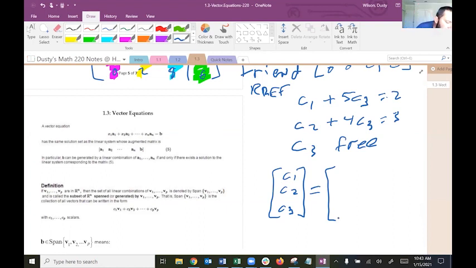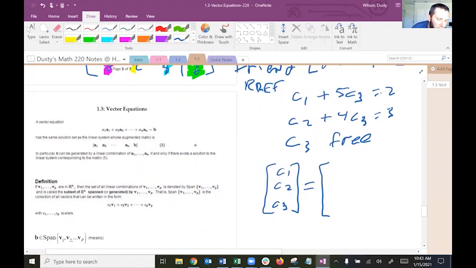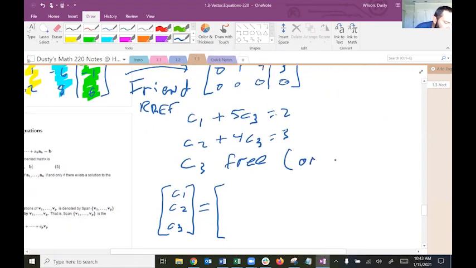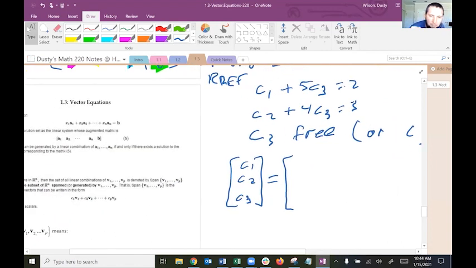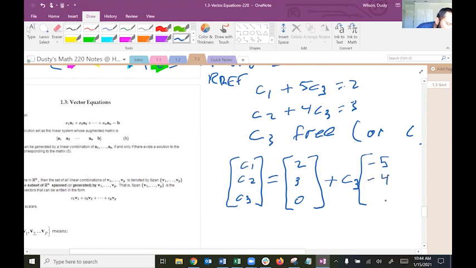You could also write C3 equals C3, something along those lines, or you could just put C3 and leave it on its own.